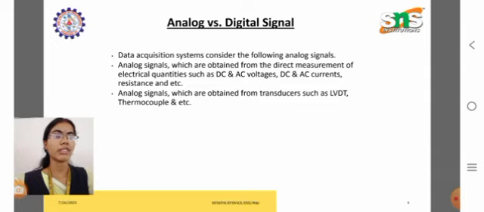Data acquisition systems consider the following analog signals: analog signals obtained from the direct measurement of electrical quantities such as DC and AC voltages, DC and AC currents, resistance, etc., and analog signals obtained from transducers such as LVDT, thermocouple, etc.